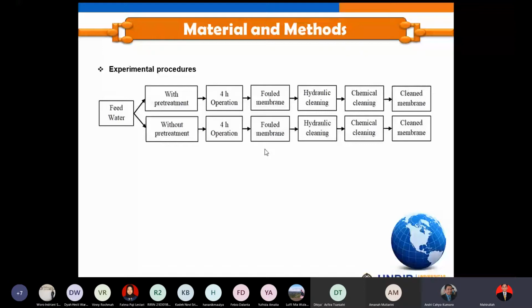After fouling occurred, the ultrafiltration membrane was rinsed with hydraulic cleaning. Two kinds of combined hydraulic cleaning were used, backwashing and forward flushing. After that, the ultrafiltration membrane was cleaned with chemical cleaning, and we get a clean membrane.